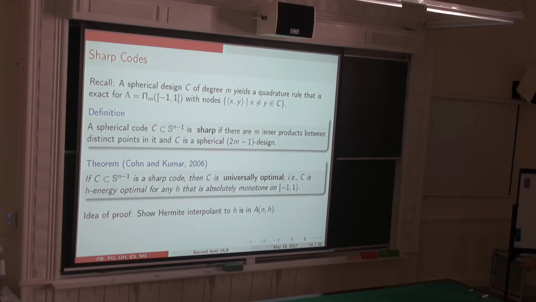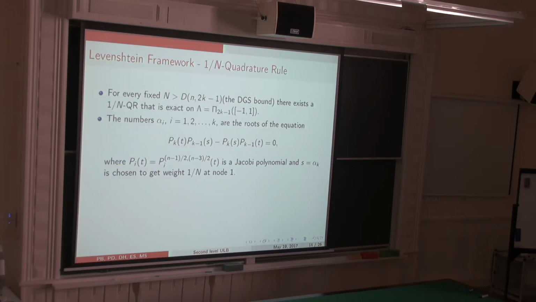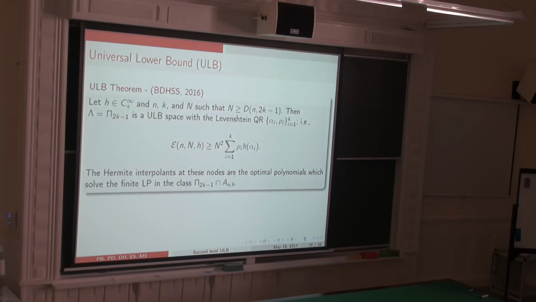They have shown that all sharp codes are universally optimal, meaning that they minimize the energy with that many points, or cardinality. And further down the line, the Levenshtein framework actually tells us that a 1/N quadrature exists if n is bigger than some number, that is the Delsarte-Goethals-Seidel bound. And this is a result that was published in Constructive Approximation last year, the so-called universal lower bound. This is by the collection of authors in this talk.